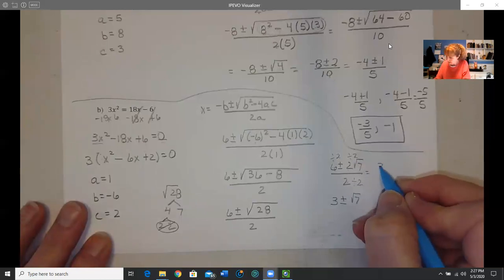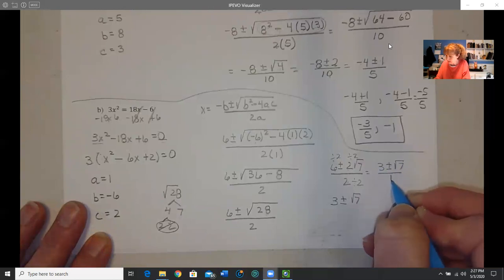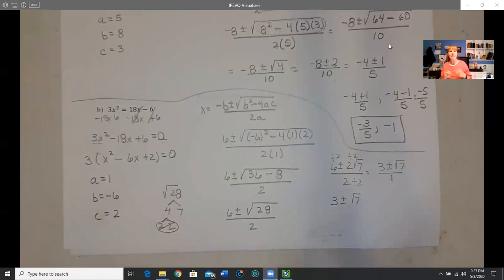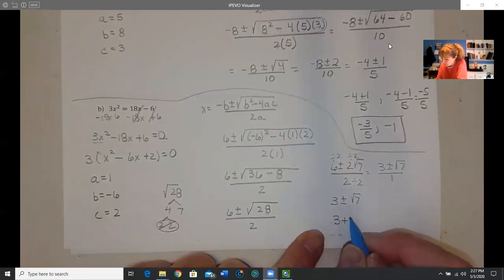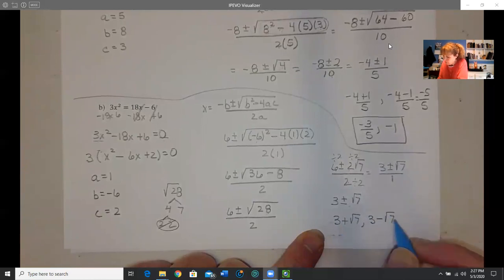I'm going to go ahead and put that over 1. Anything over 1 is just that. Now, my MyMathLab, will they accept this right here? I'm not totally sure. If they don't, they may want you to write it out with a comma, where you have 3 plus the square root of 7 and 3 minus the square root of 7.